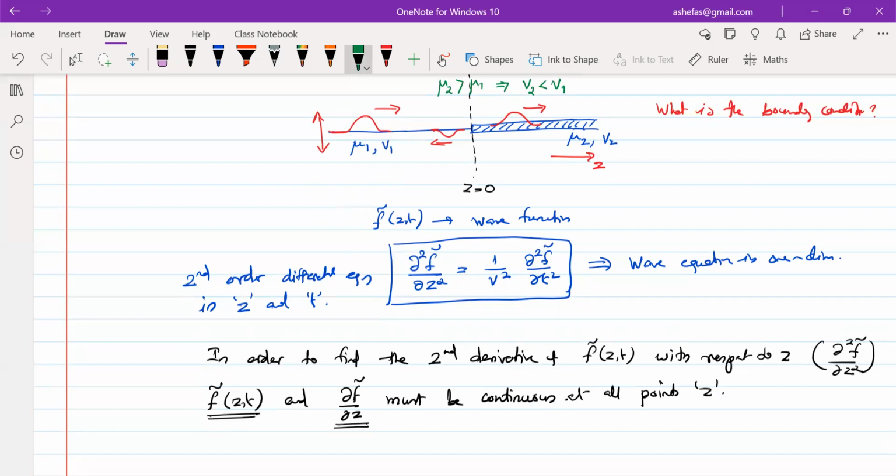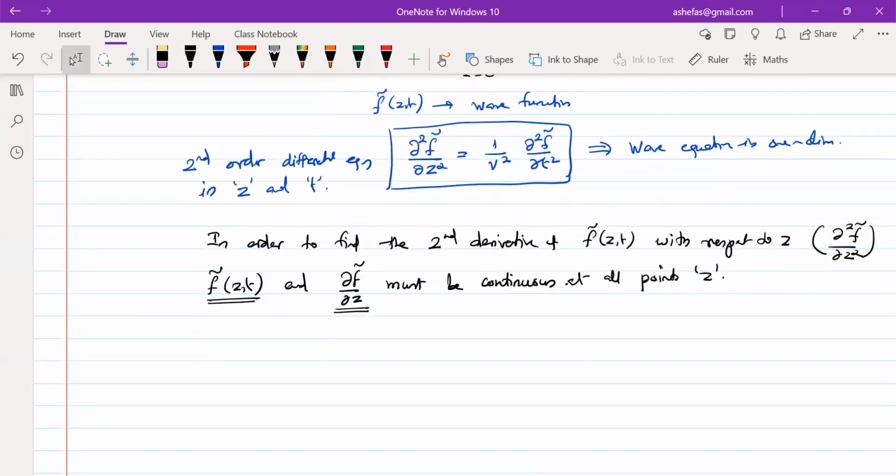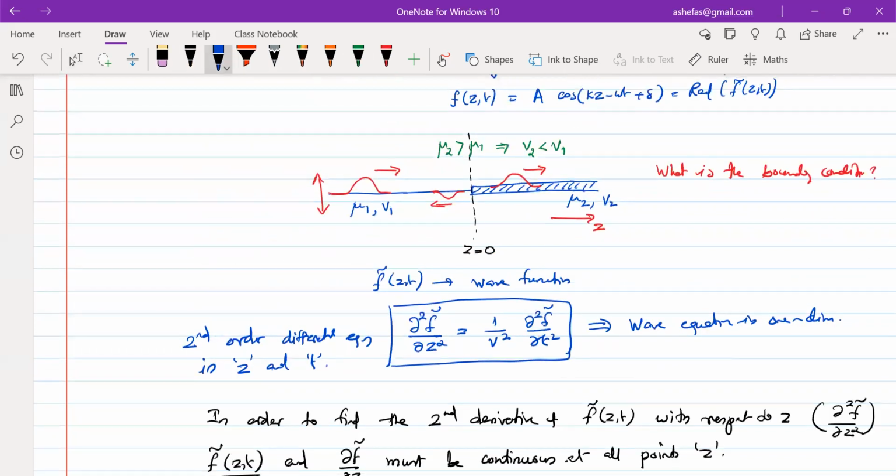First of all, we can find out what the waves are at the boundary z equal to 0, on the left side and the right side. On the left side, for the region z less than 0, f tilde of zt has two waves: the incident wave, which is moving towards the right, and a reflected wave.